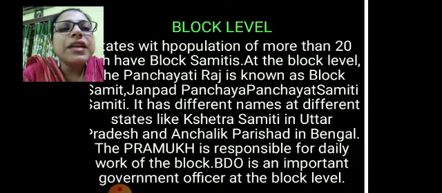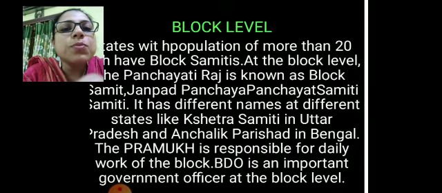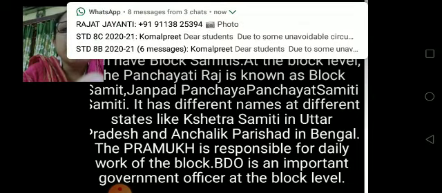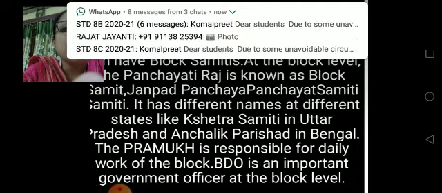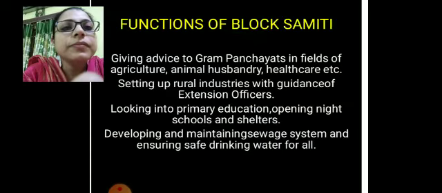It has different names at different states like Kshetra Samiti in Uttar Pradesh and Anchalik Parishad in Bengal. The Pramukh or the head is responsible for the daily work of the block. The BDO is an important government officer at the block level. The full form of BDO is the Block Development Officer.